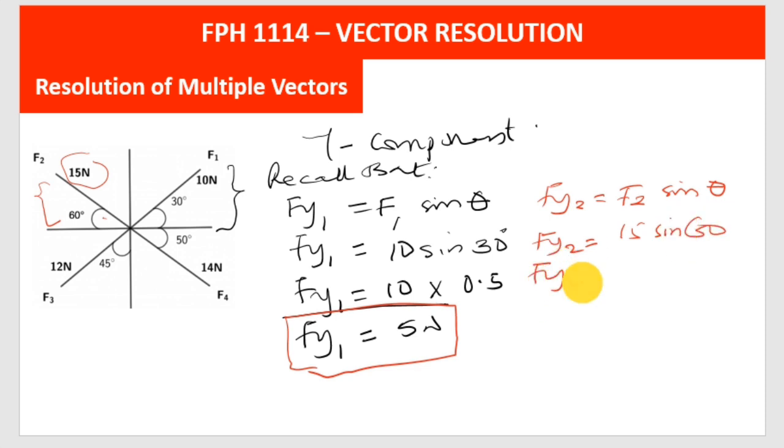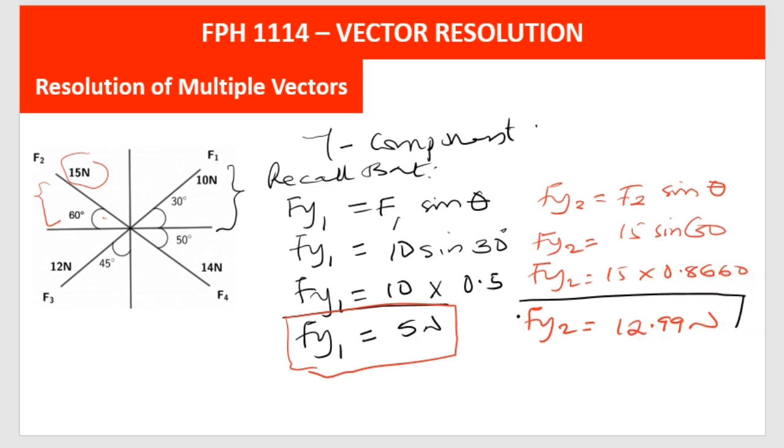So Fy2 is equal to 15 multiplied by 0.8660. When you multiply 15 by 0.8660, we are supposed to have Fy2 equal to 12.99 Newton.